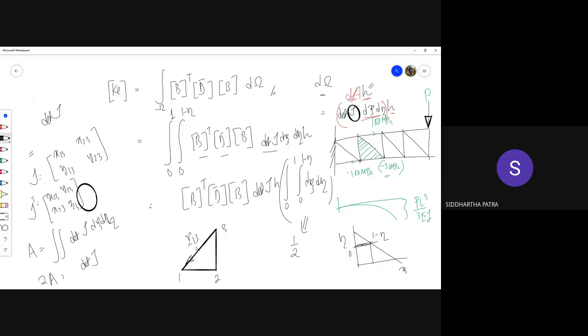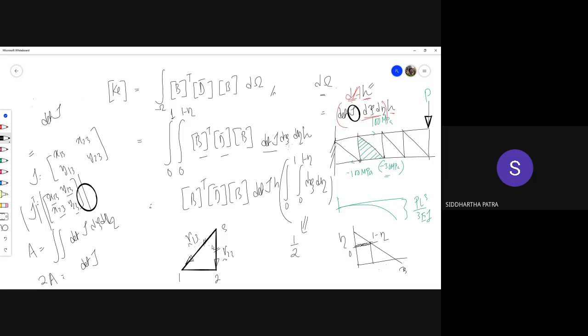So the coordinates of R13 are x13 and y13. Similarly, coordinates of R23 are x23 and y23. And the determinant of this would basically give you the magnitude of the cross product of these two.